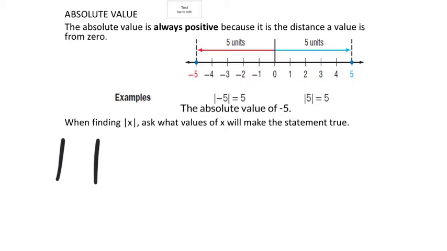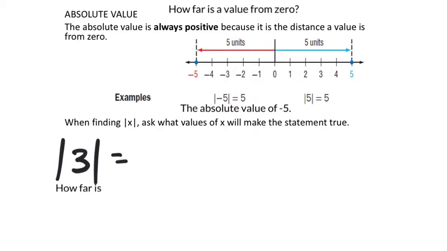It's really asking how far is a value from 0. So if we saw something like this, the absolute value of 3, it's really asking the question, how far is 3 from 0?